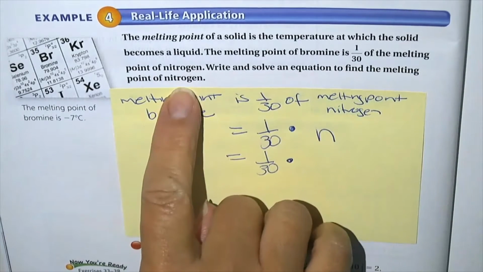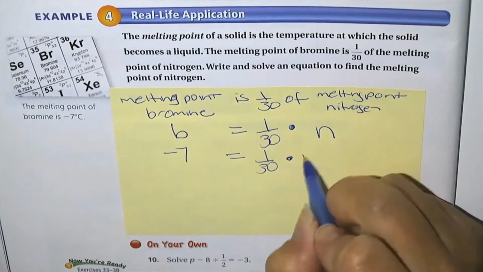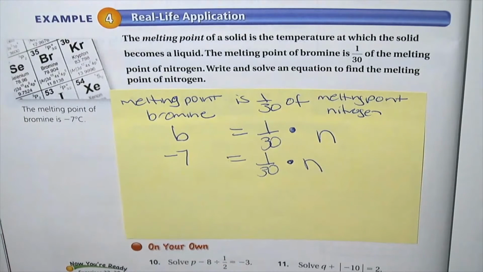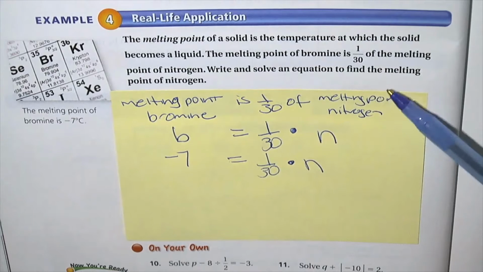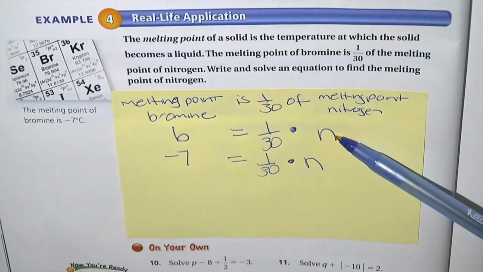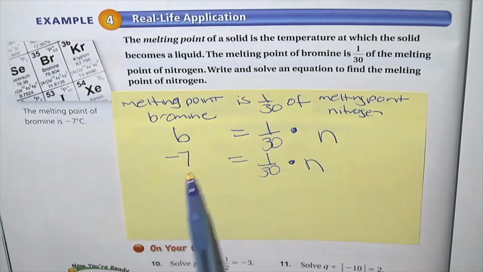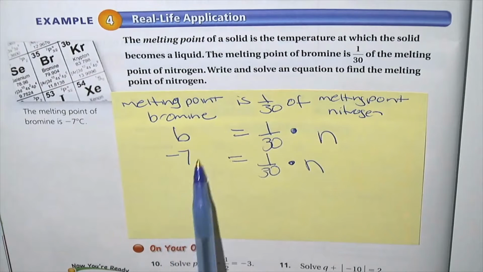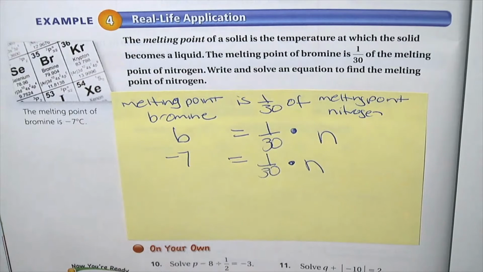This is what we're looking for. It's what we don't know. So I can leave it as N. So we took the information, we turned it into an equation, we substituted, now we're going to solve.